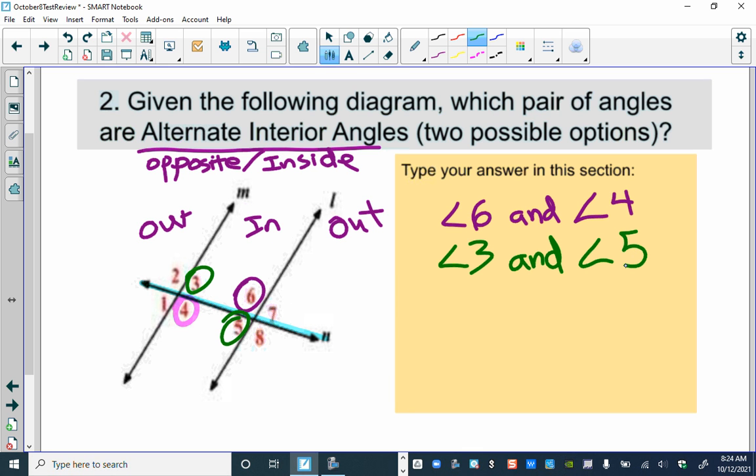Three and 5, that's right. Since they worked, now, what's their relationship? Add up to 180, or are they congruent? Congruent is correct.